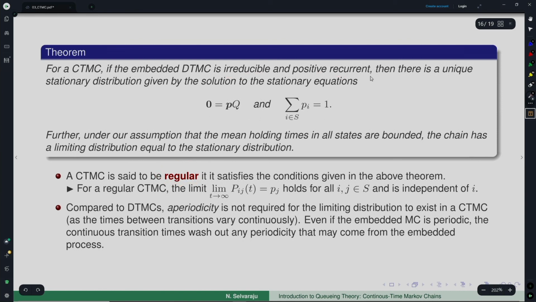Now as you can observe, compared to DTMC, aperiodicity, that the period is equal to 1, is not required for the limiting distribution to exist in the continuous time Markov chain, as the time between transitions varies continuously. Even if the embedded Markov chain is periodic, the continuous transition times wash out any periodicity that may come from the embedded process.